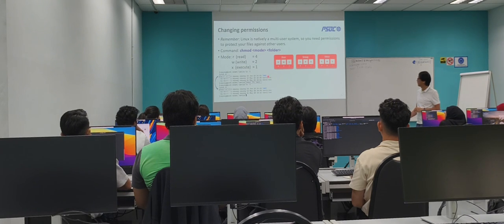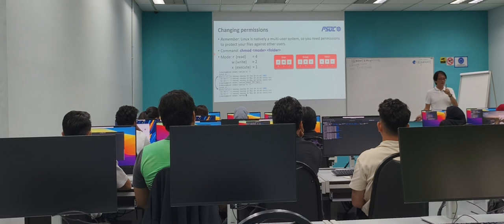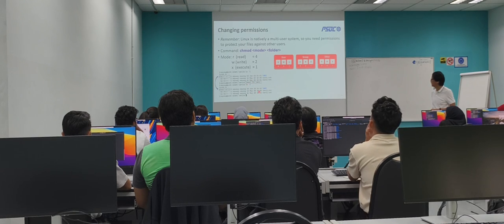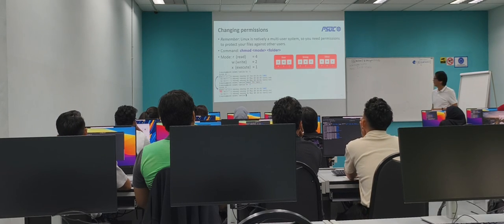Let's say it's 644. Now I change to 755. 7 is what? 111. 5 is 101. 101. Then you see after I change and list out, it becomes 7, 101, 101.